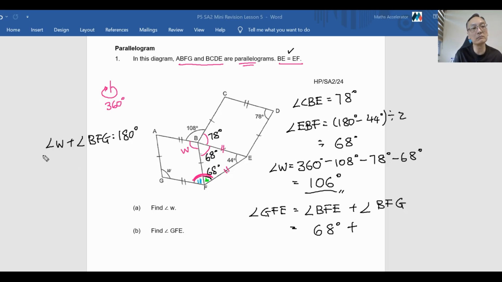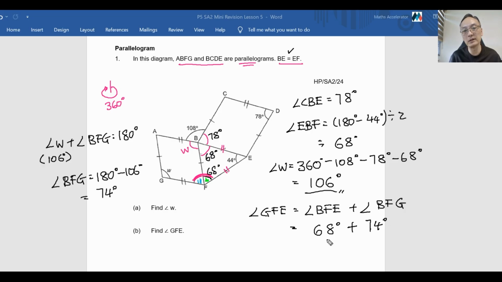We already know that angle W is 106. So we're going to take 180, subtract away 106 to find angle BFG. So angle BFG will be 180 minus 106. And that will give us 74 degrees. So here, BFG is 74 degrees.